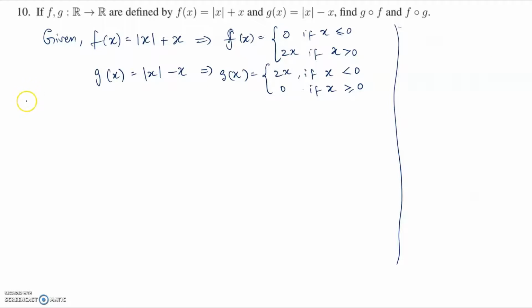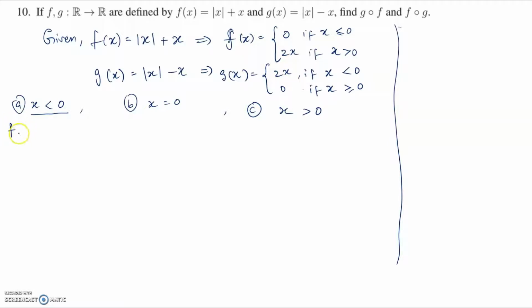So now we can have three different scenarios looking at the intervals here, class intervals. So let's say three scenarios: a, x less than 0, then b, x equal to 0, and c, x greater than 0. So let's first take the first scenario where x is less than 0.